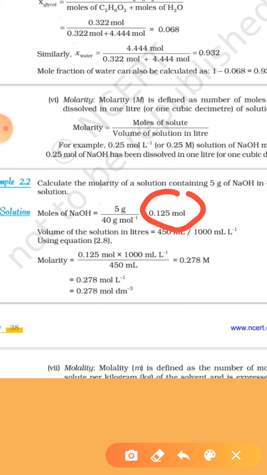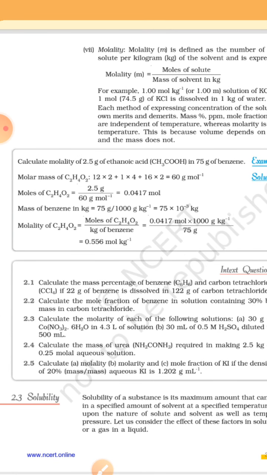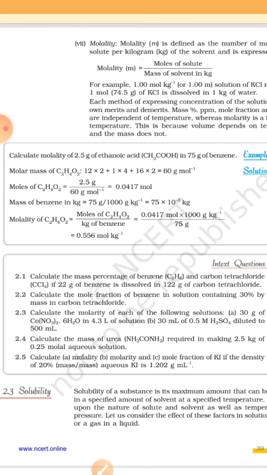total volume of solution. Moles 0.125, total volume 450 ml. We convert into liter, it means multiplied by 1000, then its value is 0.278 mole per liter. These are two different examples. In the next, calculate the molality of 2.5 gram of ethanoic acid in 75 gram of benzene.